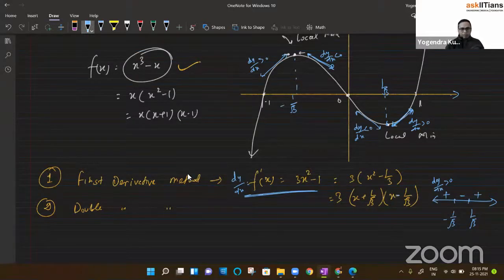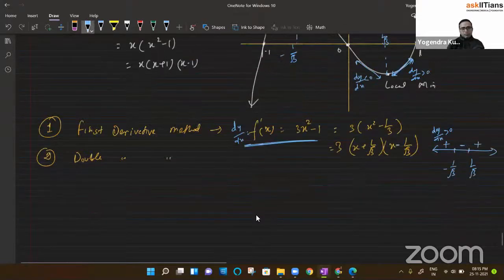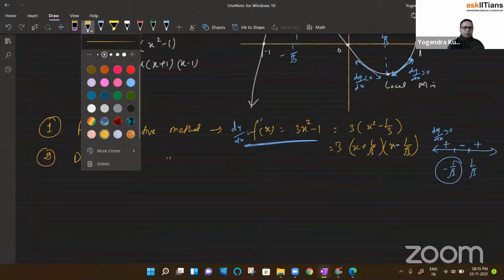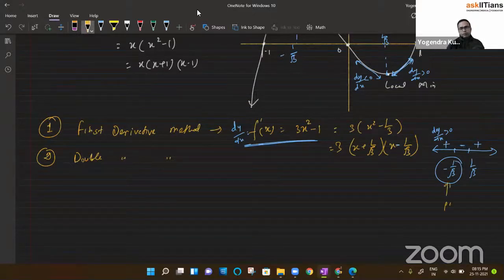So as the sign changes from positive to negative, this is our point of maxima. Because the graph was increasing, then it started decreasing, so the maximum value happened there, the point of local maxima, you can say.